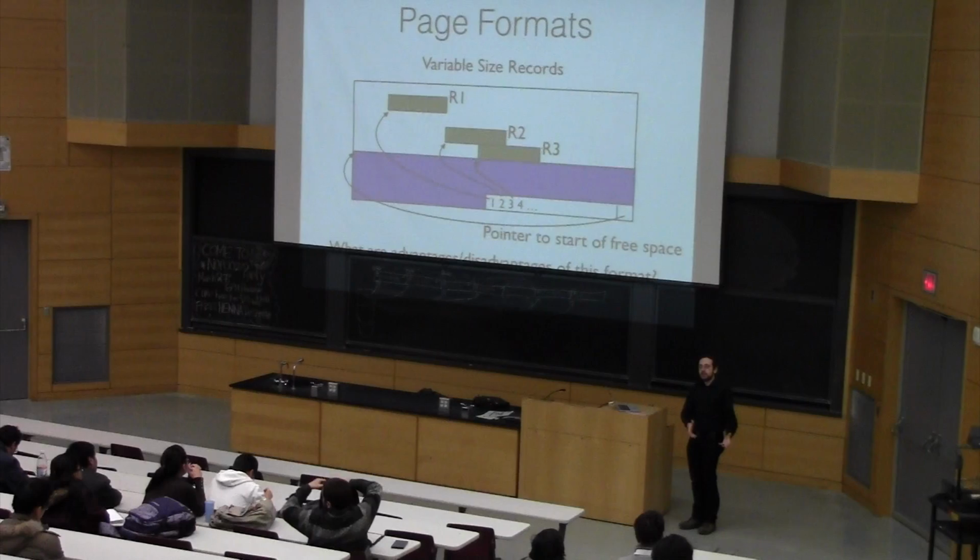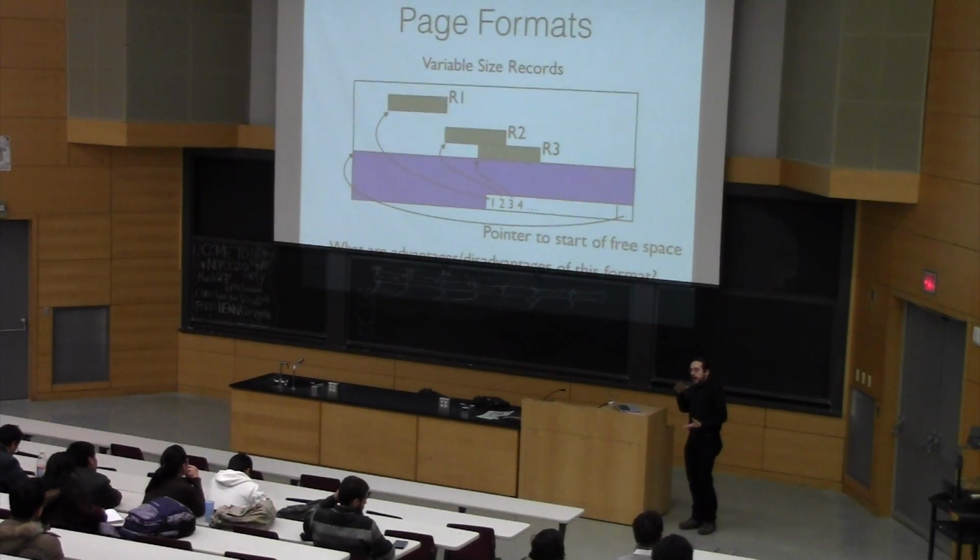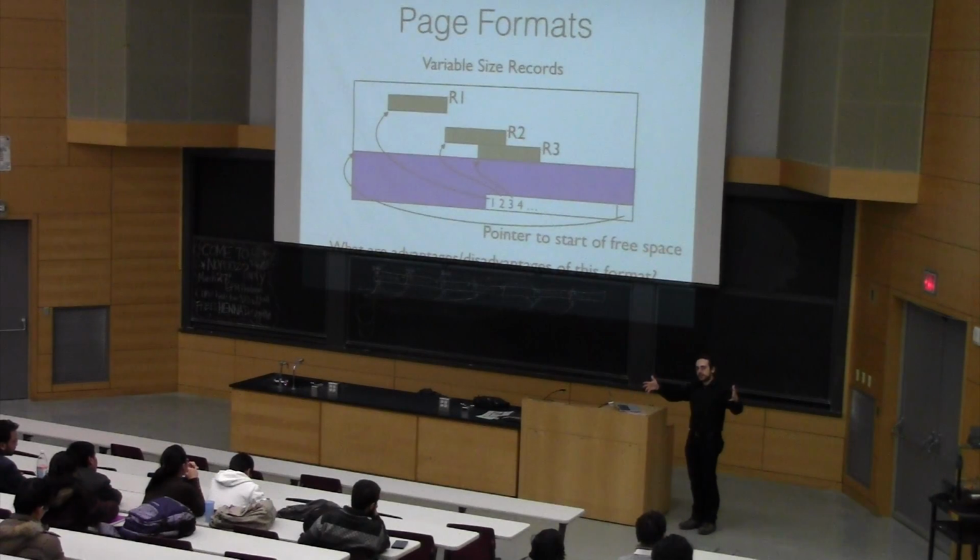So varchar is one case where you're basically saying to the database, I'm guaranteeing you that the variable will never exceed this size, but most of the time it's going to be quite a bit smaller.